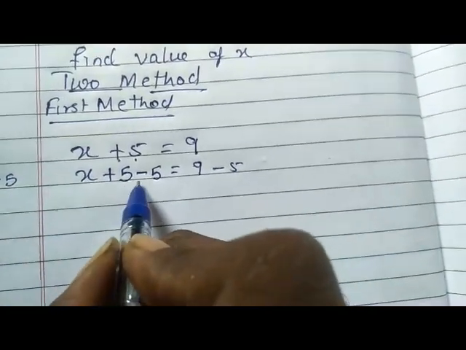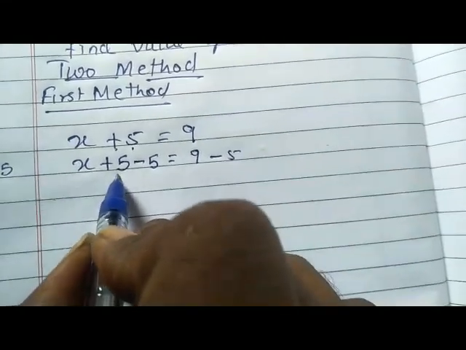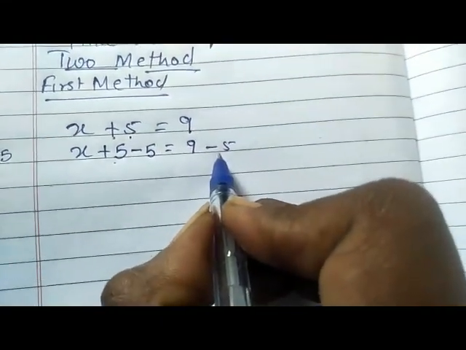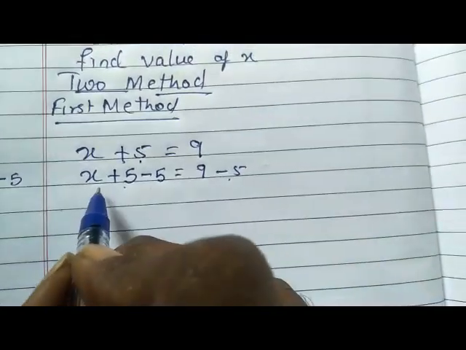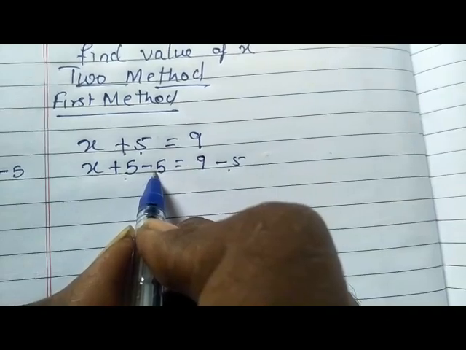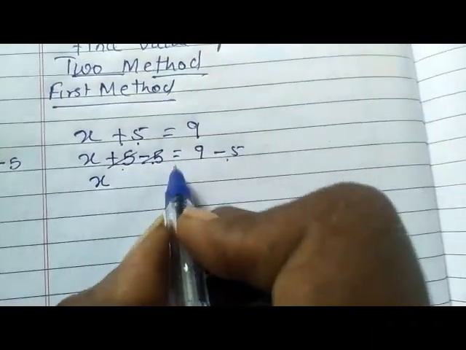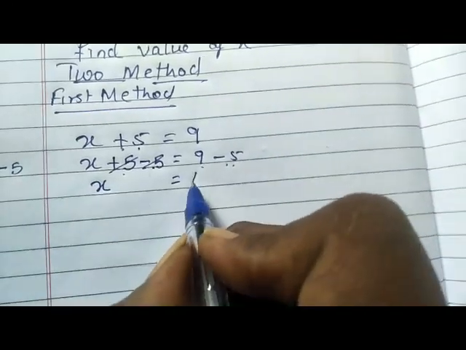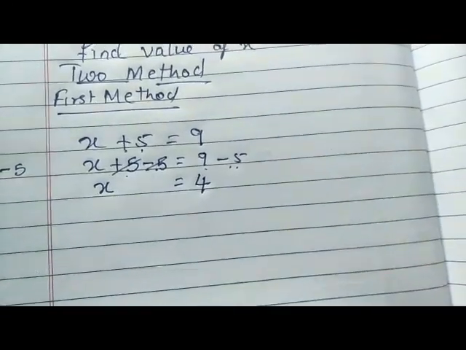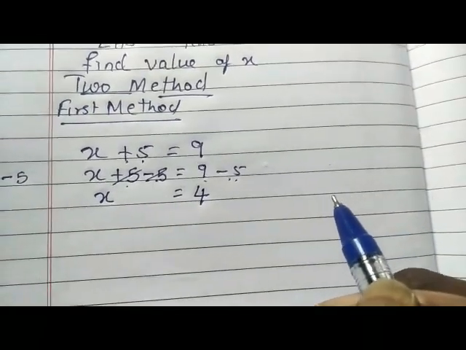That means this minus 5 should be subtracted on the left hand side as well as on the right hand side. So plus 5 and minus 5 is 0, it cancels. So what is remaining? X. Then equal, 9 minus 5 is 4. This is the first method of equation.